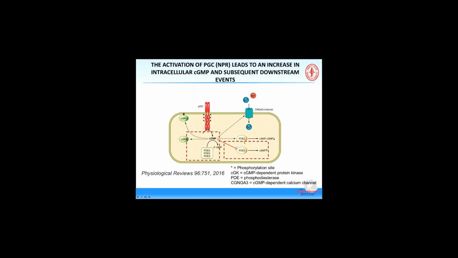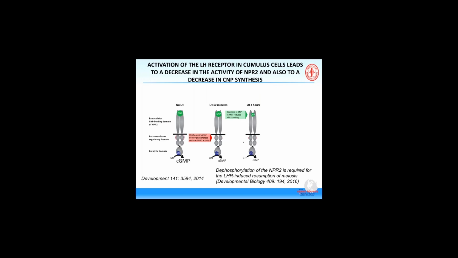And in addition to inhibiting PDE3, cyclic GMP can also activate PDE2 and affect the levels of cyclic nucleotides. So to put it in a nutshell, one of the important actions of cyclic GMP in reproduction is to modulate the catabolism or the degradation of cyclic GMP and also cyclic AMP as well.